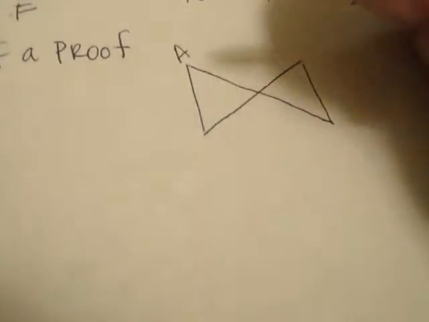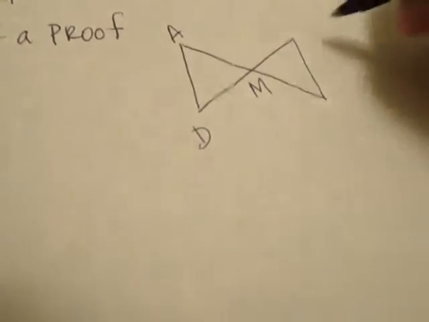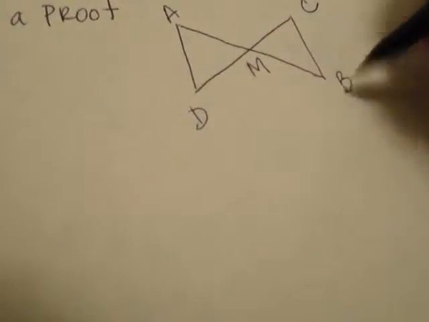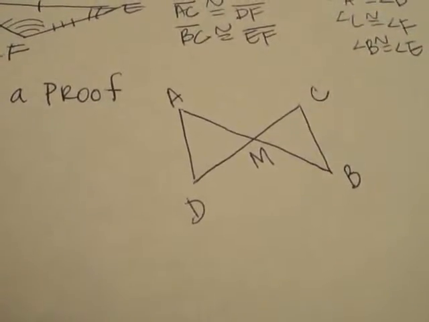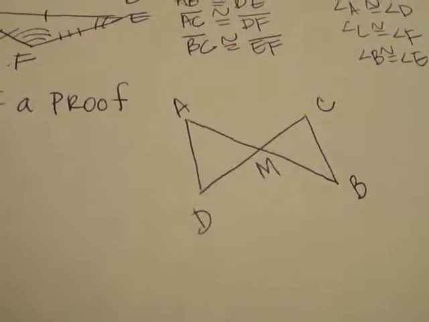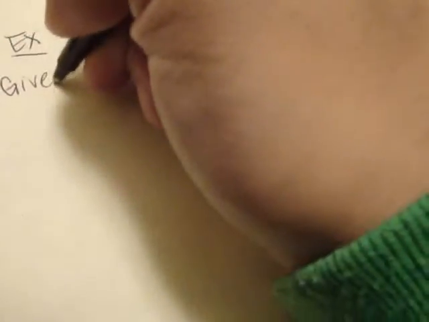This is A, this is D, this is M, this is C, and this is B. And we're told the following information. This is like the given.